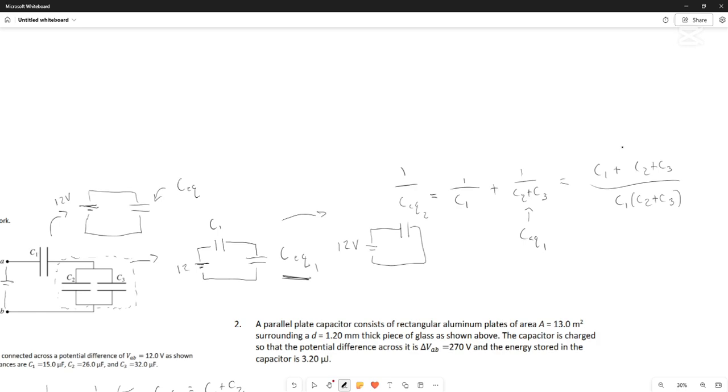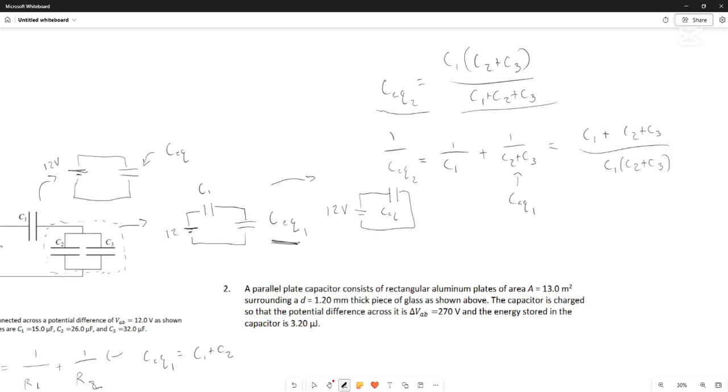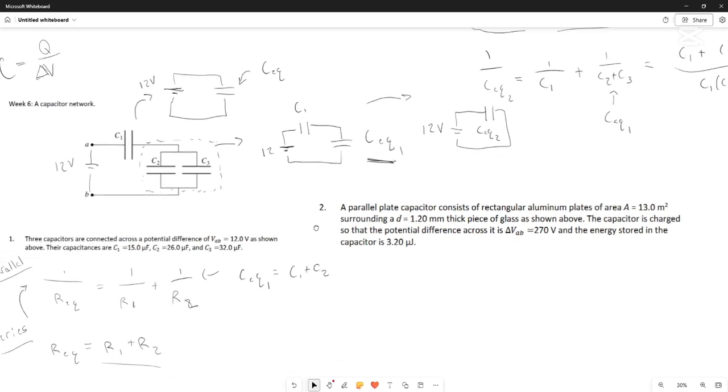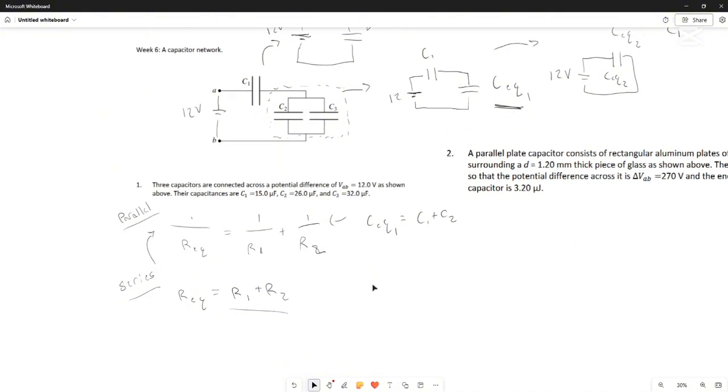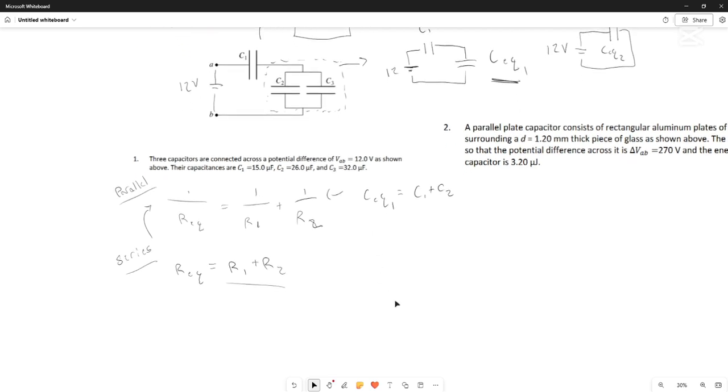Then we can invert that to get C equivalent 2, and that will be C1 times C2 plus C3 over C1 plus C2 plus C3. That will be our second equivalent circuit. Now we can use this with the problem's numbers, given in microfarads, and that will give you an equivalent capacitance of 11.9 microfarads.